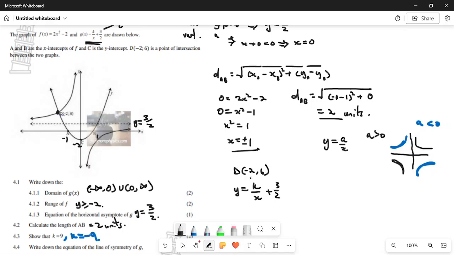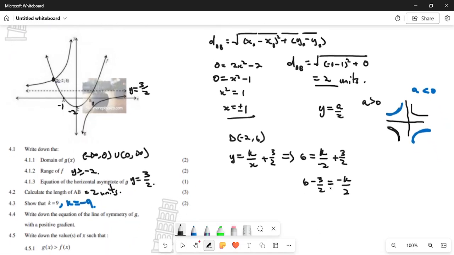Now I'll substitute my coordinates into this equation so that the only unknown I have is k. Therefore we'll have 6 equals k divided by negative 2, plus 3/2. Now I'll transpose 3/2 to the other side. We'll have 6 minus 3/2 equals negative k divided by 2.